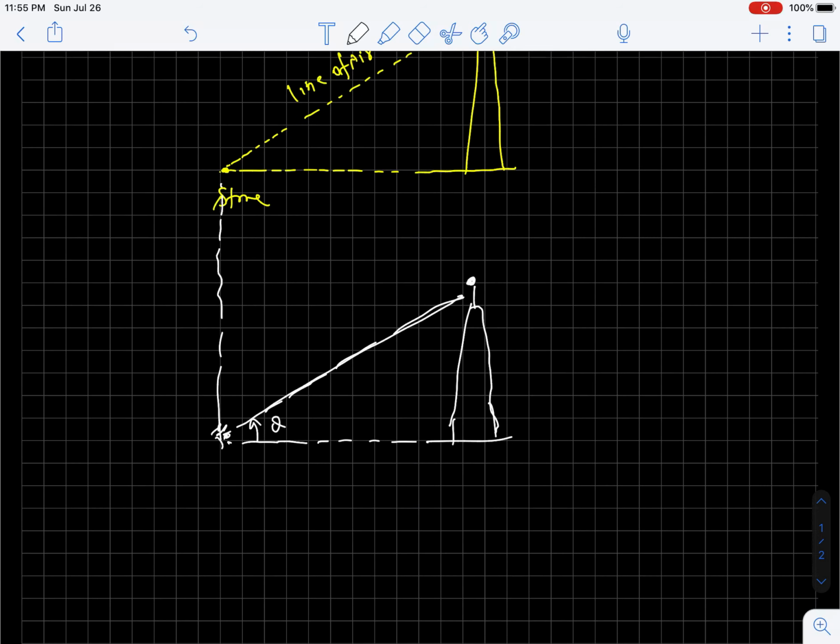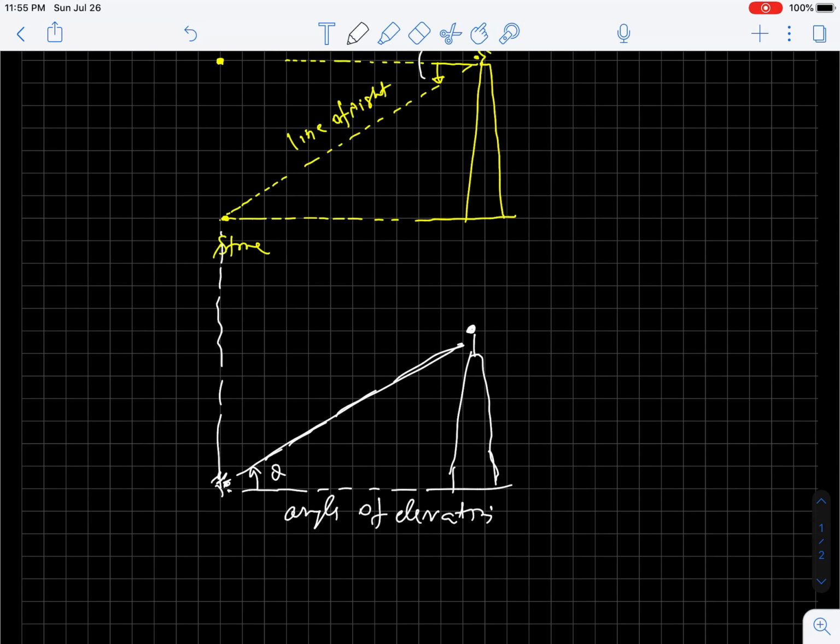This angle is referred to as the angle of elevation. The angle of elevation and angle of depression are related to the observer. If both are observers, for this observer this angle is the angle of depression, and for this observer this angle is the angle of elevation.